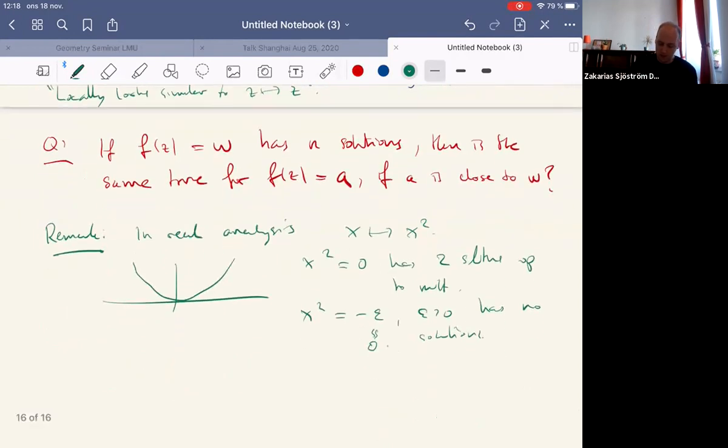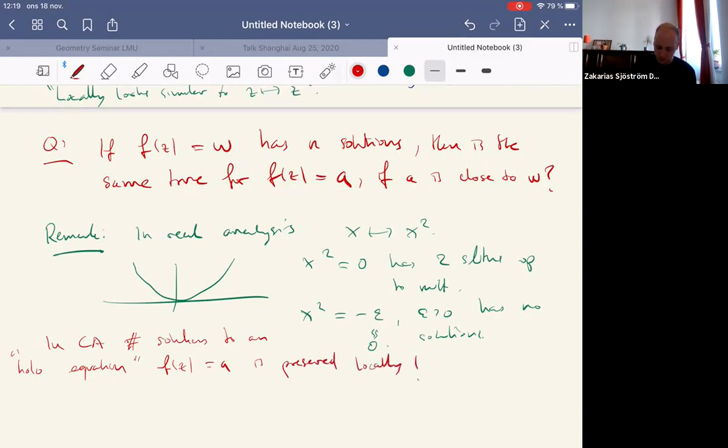But the claim is that in complex analysis, the number of solutions to a holomorphic equation, an equation involving a holomorphic function, so f of z equals a, for f holomorphic, is preserved locally.